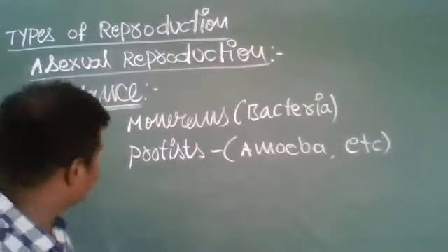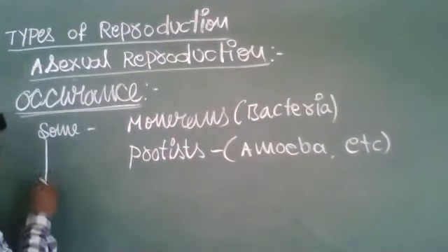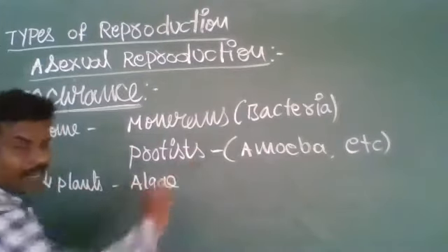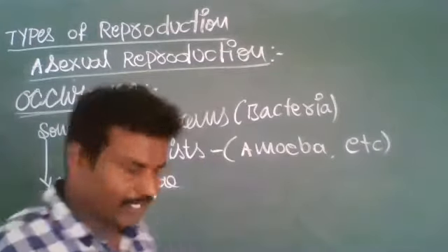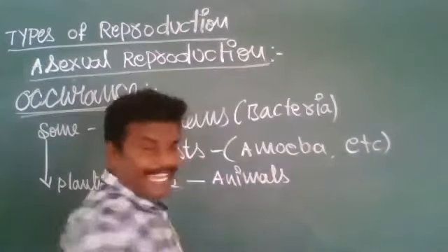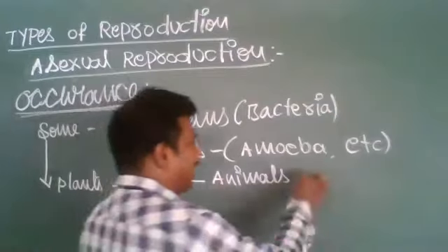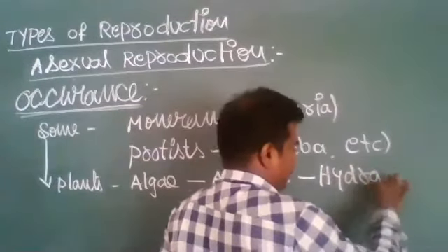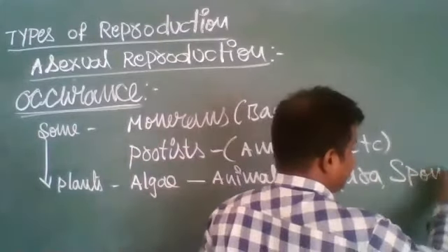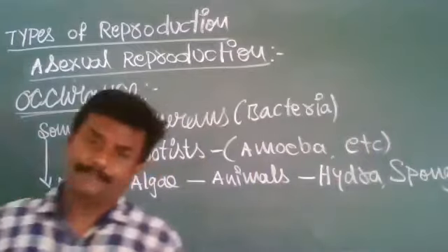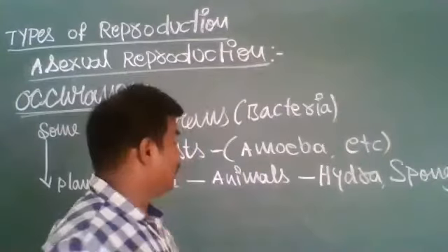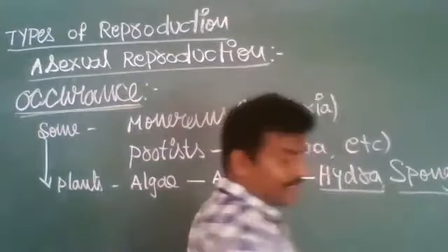Next, some plants like algae show asexual reproduction. Some animals like hydra and sponges also possess asexual reproduction.